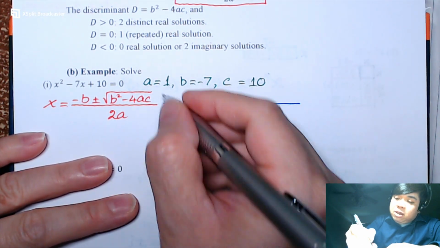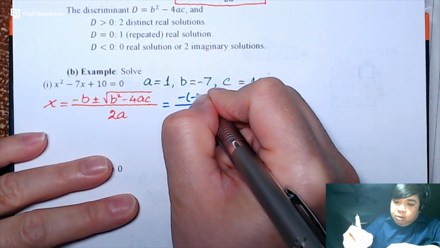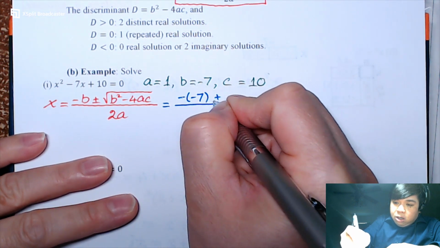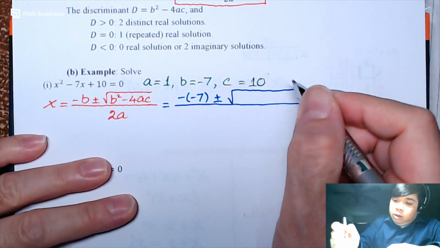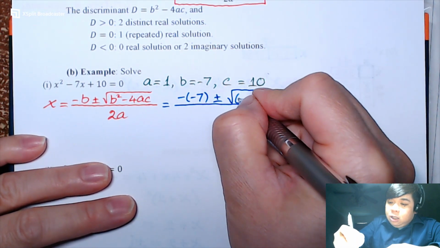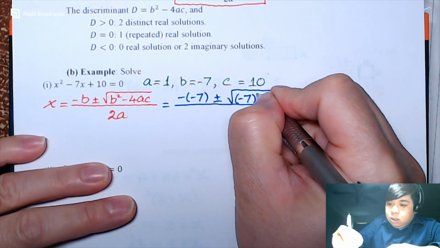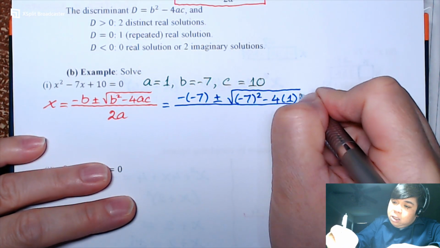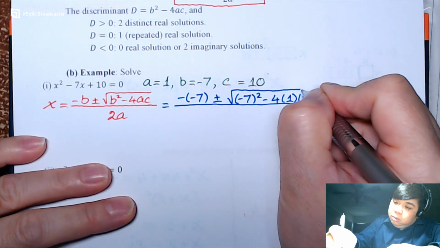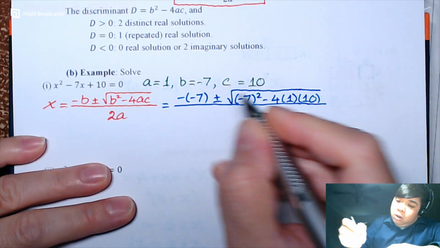So b is negative 7, so we have negative negative 7, plus or minus square root of negative 7 squared minus 4ac, over 2a.